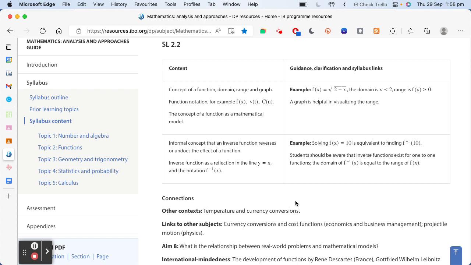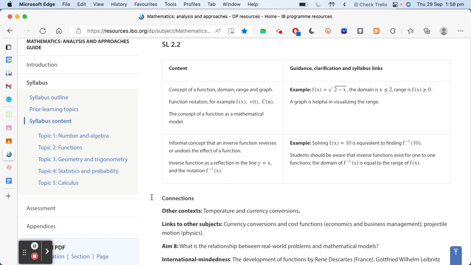Now, the blue GDCs will work out an inverse function if it's in CAS mode. So in other words, as IB students, you're out of luck. It will not work it out. But you can kind of use it.